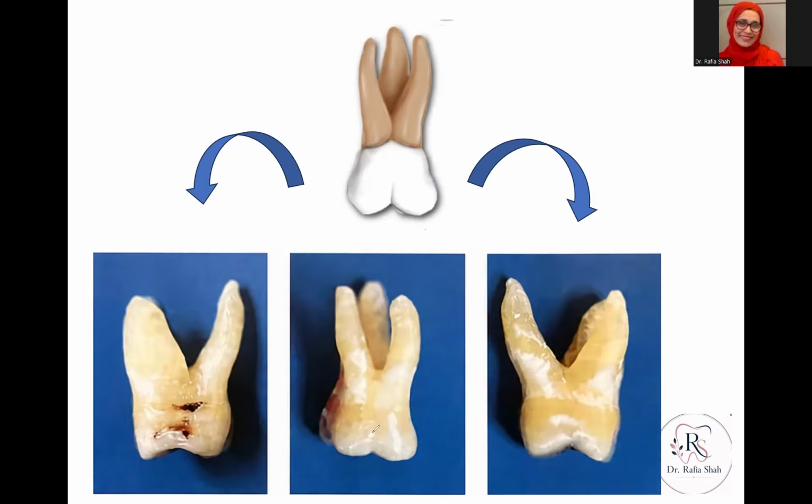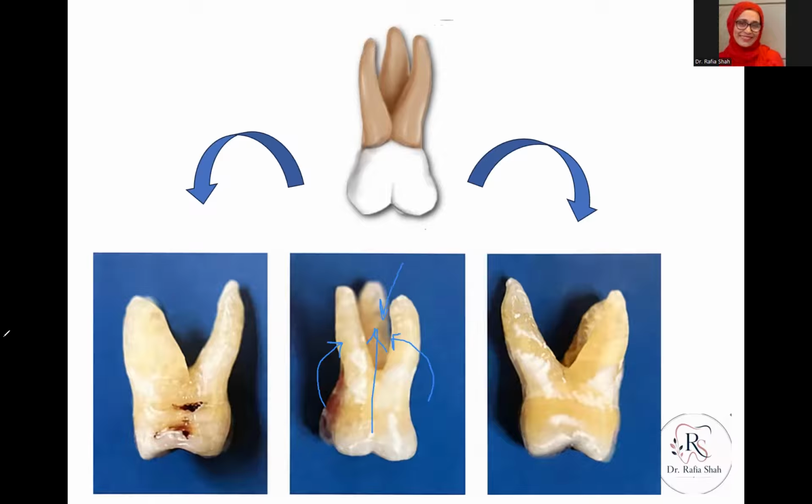So this tooth basically has a buccal furcation, one point of entrance. It has a mesiopalatal and a distopalatal furcation point. Mesiobuccal, distobuccal, midbuccal, and we can even have a palatal furcation point.